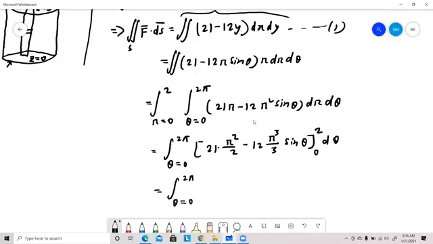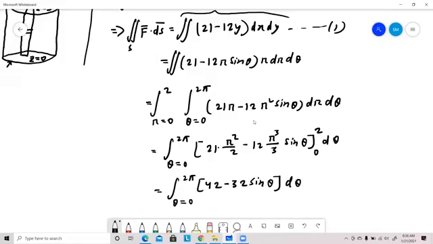And now if we impose the lower and upper limit, then we get r square, that means 2 square, 4, and below there is again 2, so 2 into 21, that means 42, minus 2 cube, 2 cube means 8, and 3 into 12, 4 into 8, that means 32 sine theta d theta.